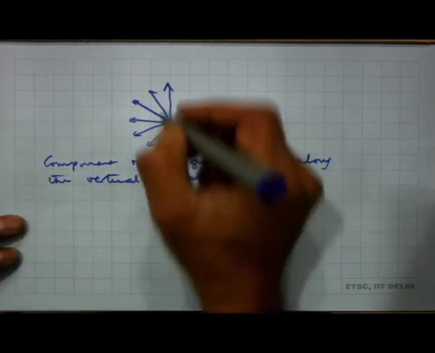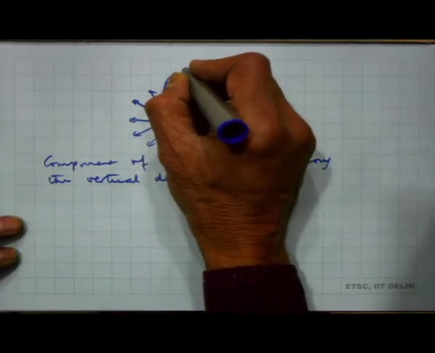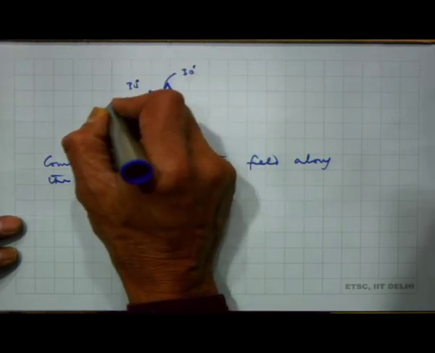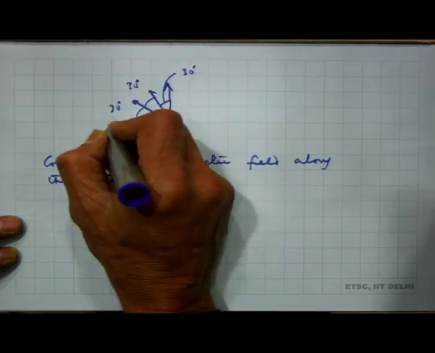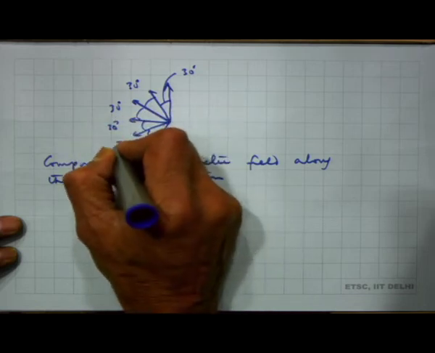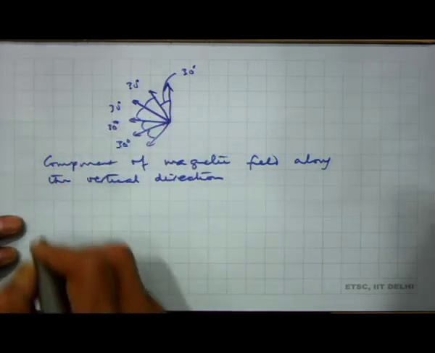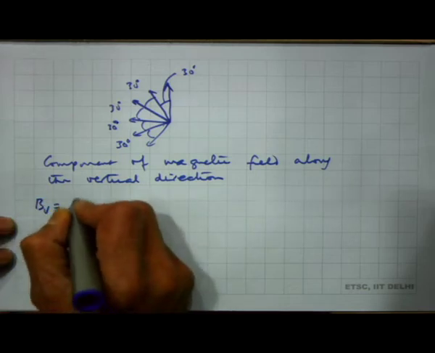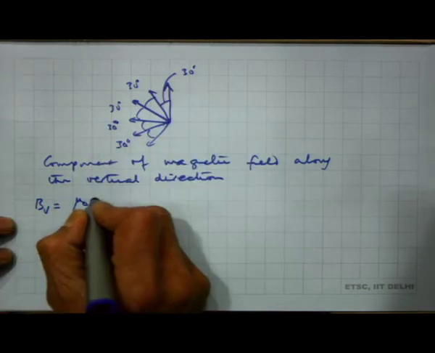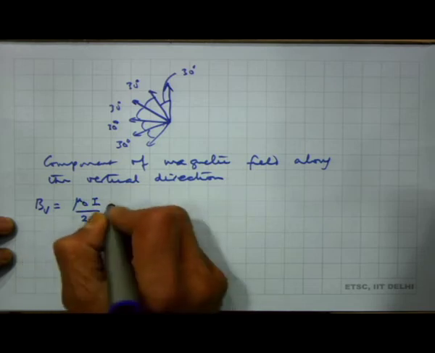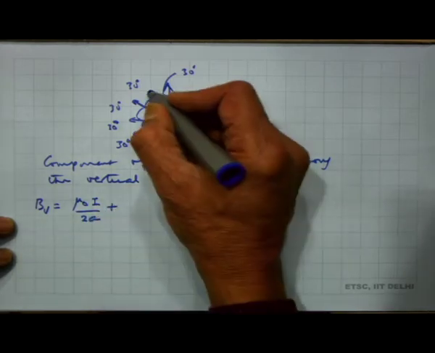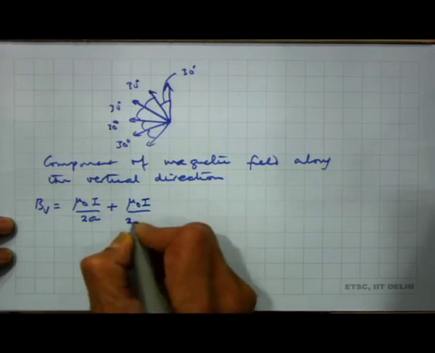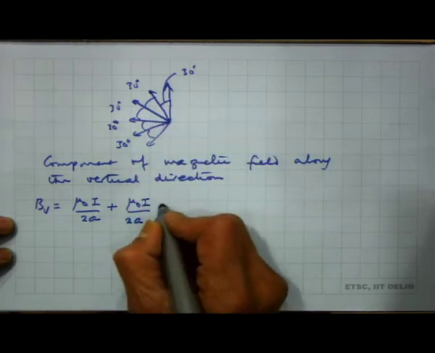So, I need to calculate. This is 30 degrees, this is another 30 degrees, this is 30 degrees, this is 30 degrees, and this is 30 degrees. So, what is the vertical component? B vertical. The first one is mu naught I by 2a plus the second one, the magnitude of this vector is mu naught I by 2a, its vertical component is cos 30.